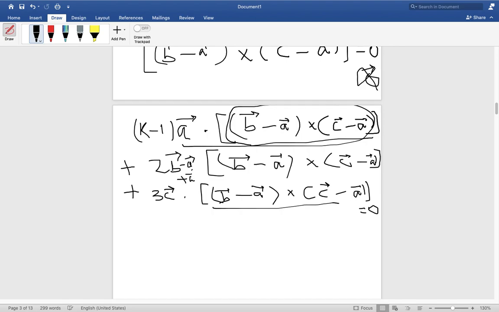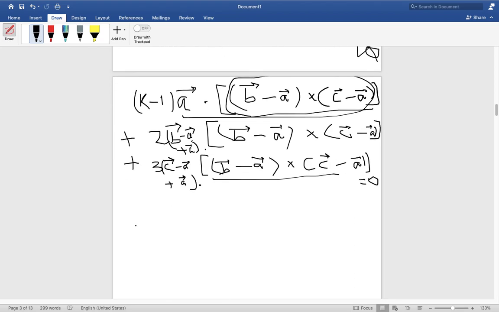plus a whole dot product. I will do the similar operation here, c minus a plus a and dot product. Why am I doing this? Because c minus a dot product with b minus a cross c minus a will be 0. So this whole term will be reduced to 0, and similarly b minus a dot product of b minus a cross c minus a will also be 0.